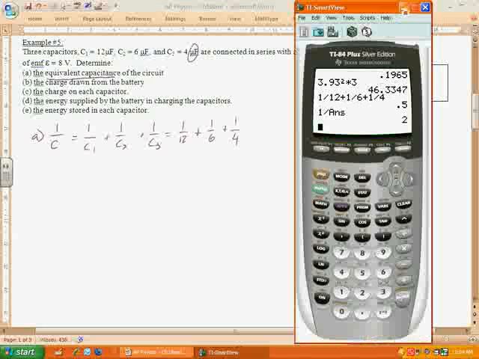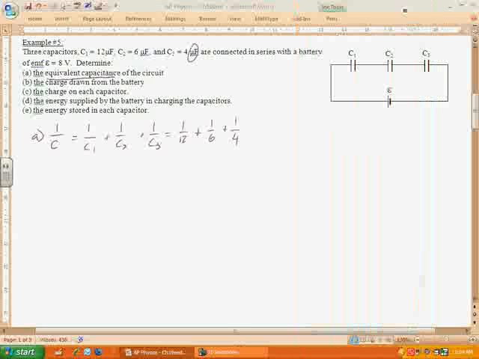So there's B. We're going to do the charge drawn from the battery. The charge should be fairly straightforward because we know that capacitance is equal to the charge divided by the voltage. And since we know that the potential difference of the battery is, in this case, the EMF, 8 volts, then we can say 2 microfarads equals the charge over those 8 volts potential difference.